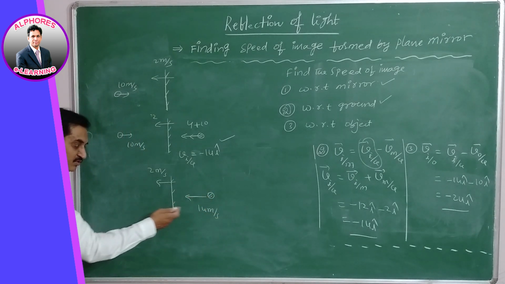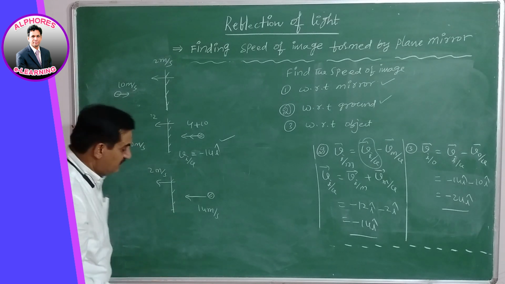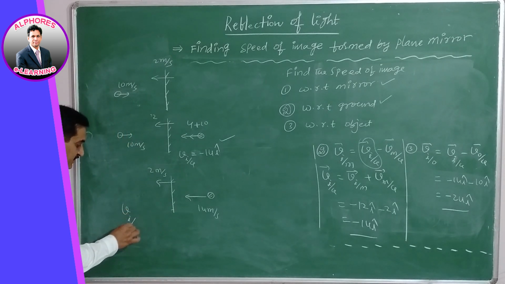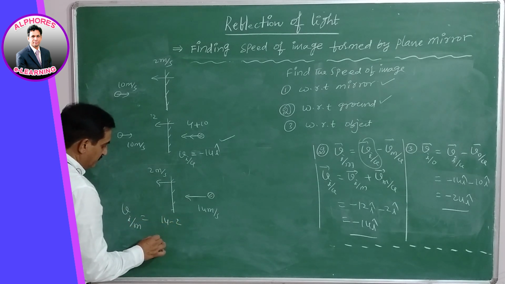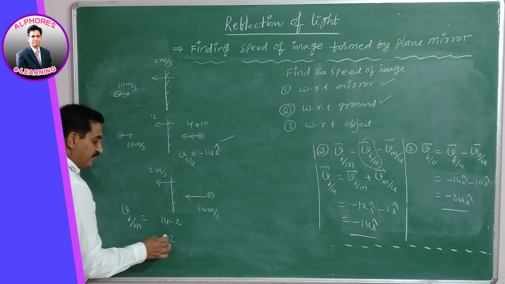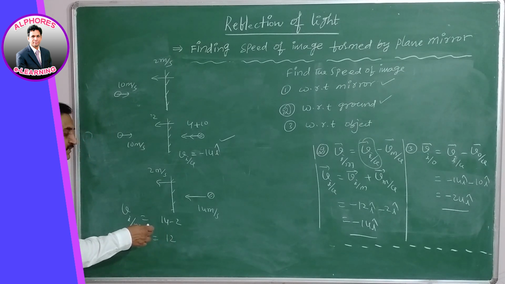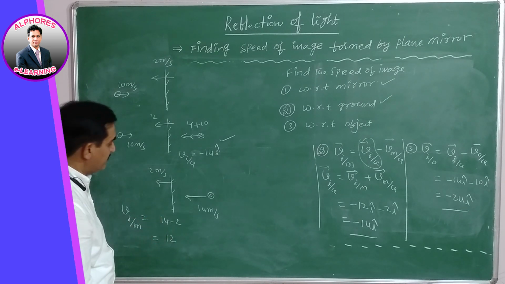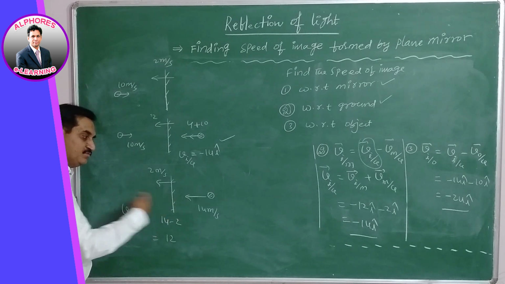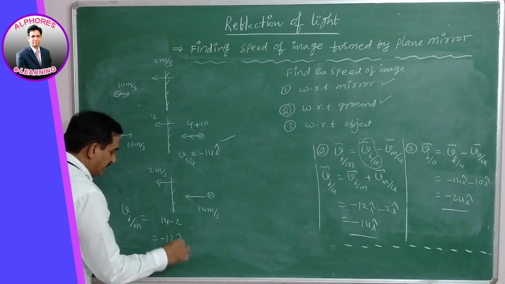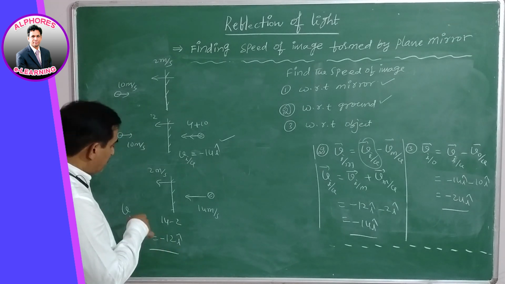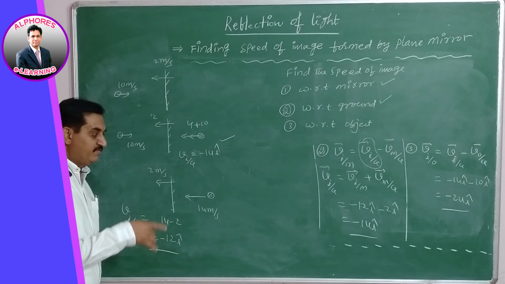Related to each other, both are in the same direction. Therefore, the speed of image with respect to mirror is equal to 14 minus 2, which gives us 12. Of course, this 12 is the speed of the image with respect to mirror, moving along the negative direction of the x-axis. Therefore, minus i cap. So the same answer is obtained in the vector method.